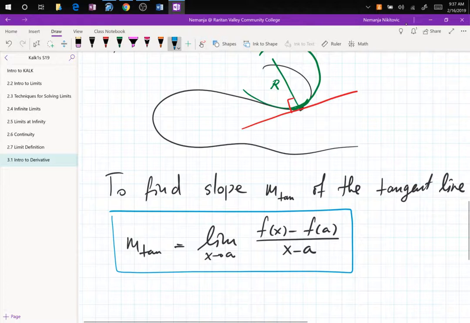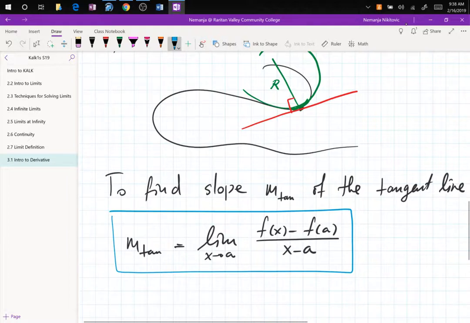Now, not last class, 2 weeks ago, we have seen that 0 divided by 0 is not something hopeless, because we said it could be 1 over 6, could be 1 over 12, right? It could have a value. So in this case, we are going to have a slope. We are going to have a value for that line, and the limit is the one that helps us fish it out. So the limit is the one that gives us the value of that tangent line.